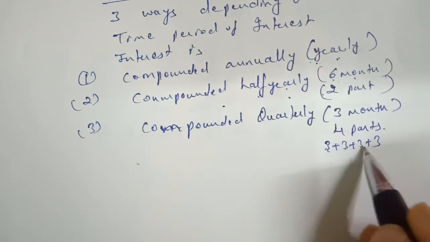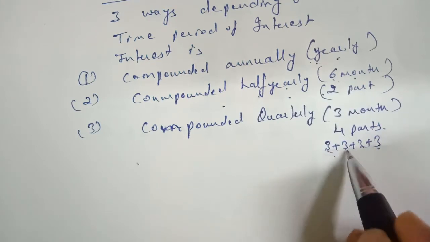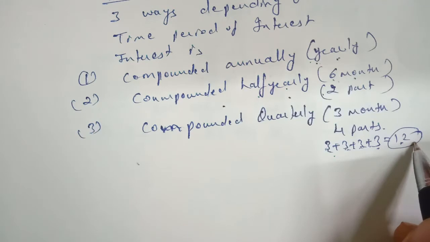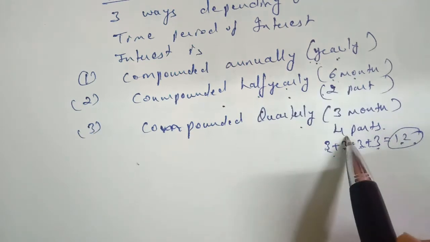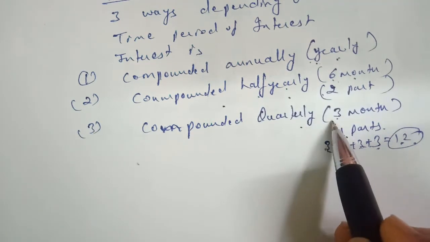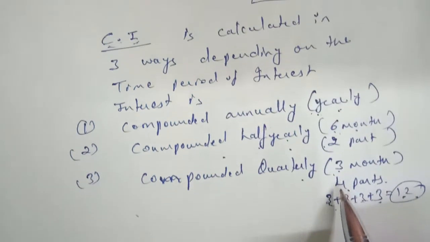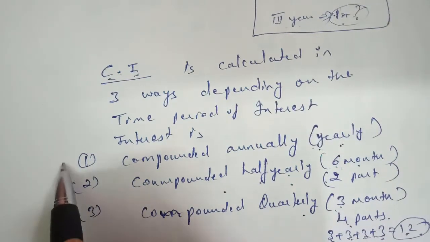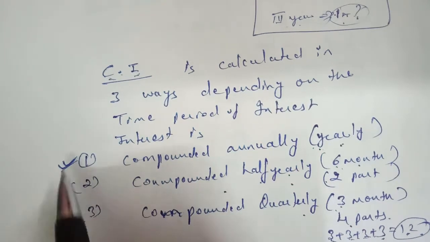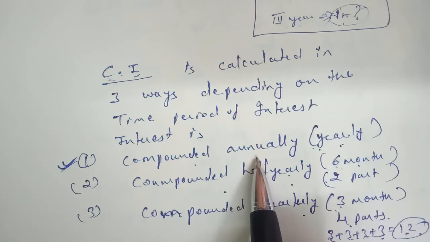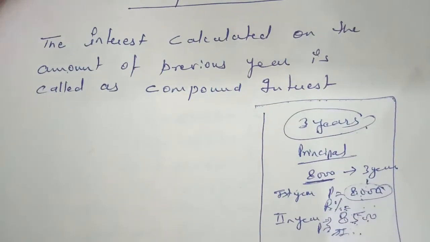If you add 3 four times, you get 12 months, and you know the total months in a year are 12. So after every 3 months you get the interest. These are the three ways depending on the time period for finding the compound interest. First of all we take the first condition, finding the compound interest when it is compounded annually. So let us take one problem based on it.